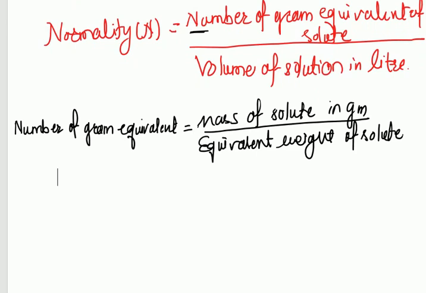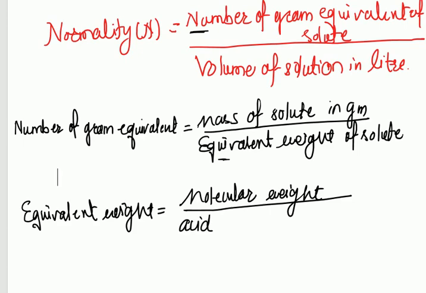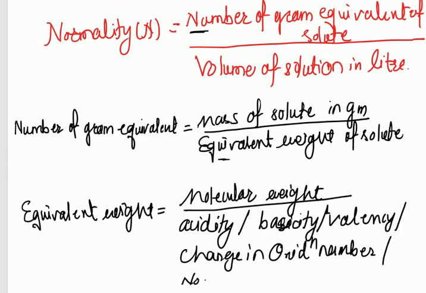Equivalent weight is equal to molecular weight upon either acidity, basicity, valency, change in oxidation number, or number of electrons exchanged.